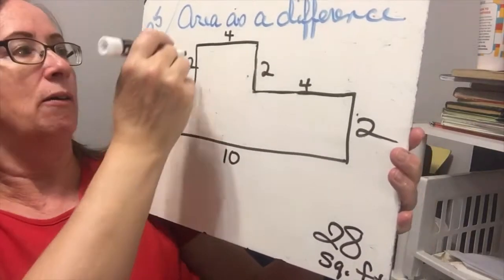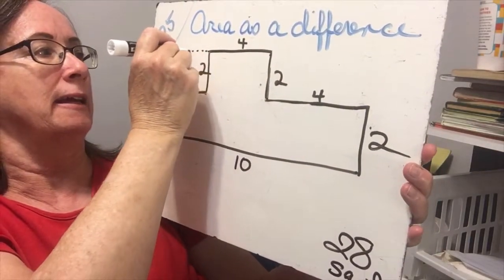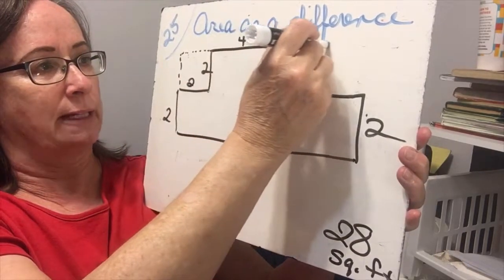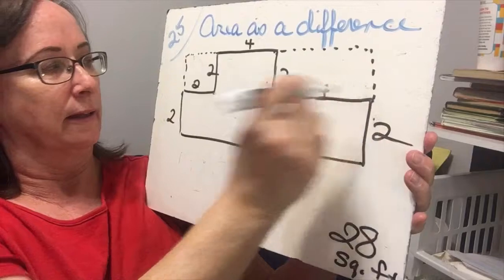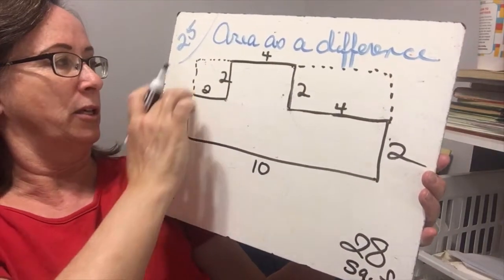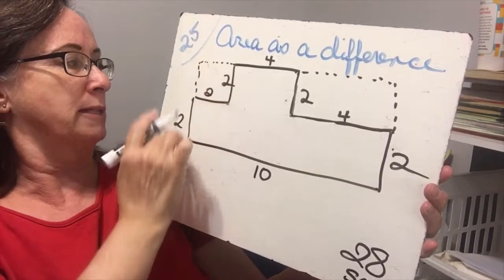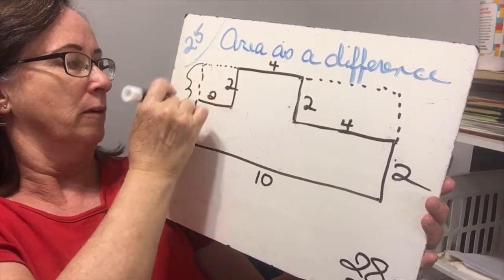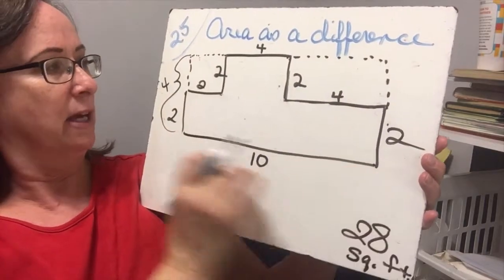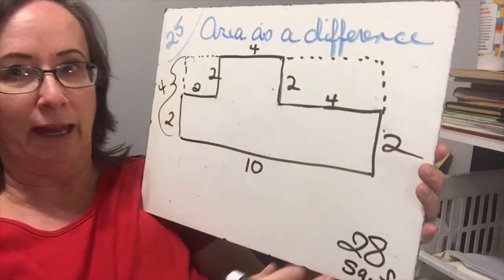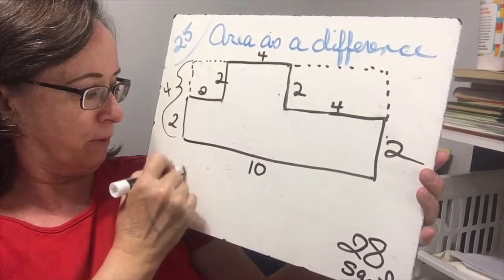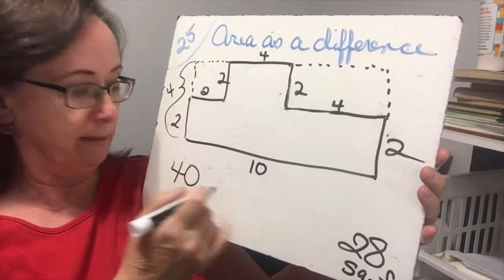Okay, so now I'm going to extend this and make it one big rectangle. Since this is 2 and 2, this whole side is now 4, isn't it? And this whole side is 10. So the whole sheet cake is 4 times 10, or 40 square feet.